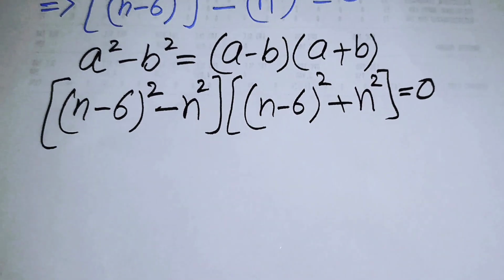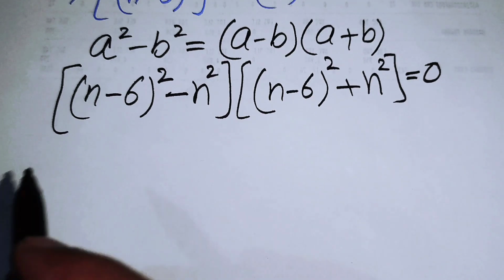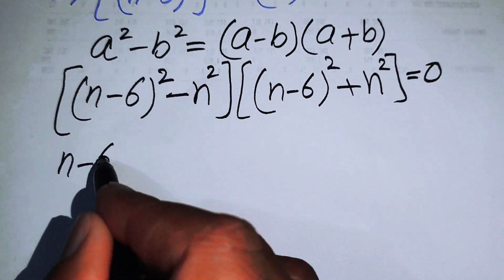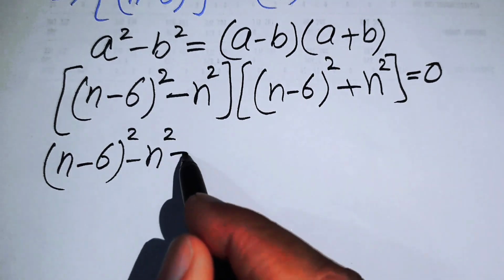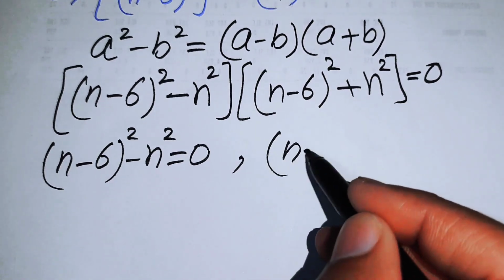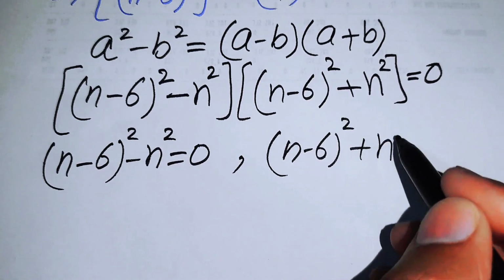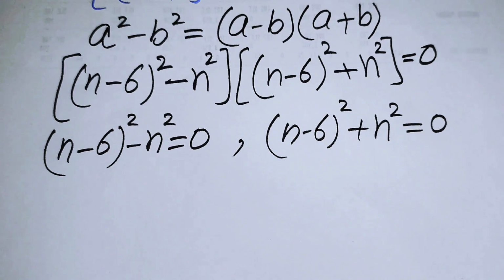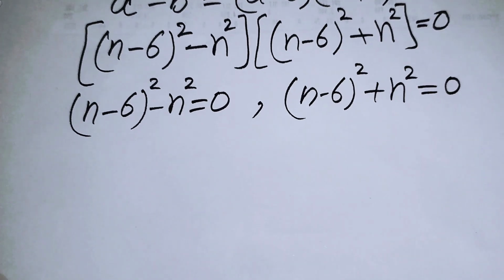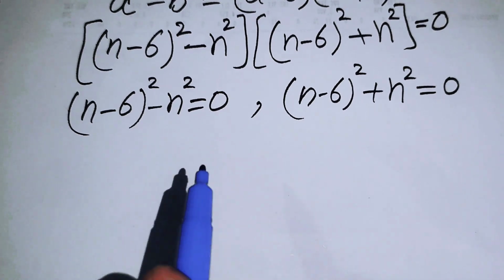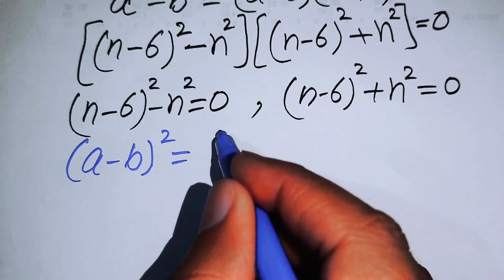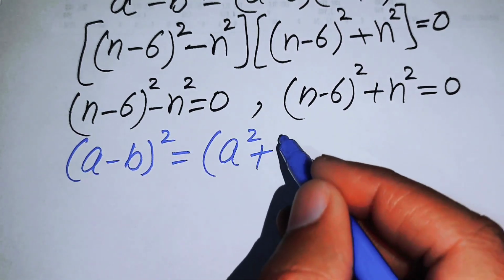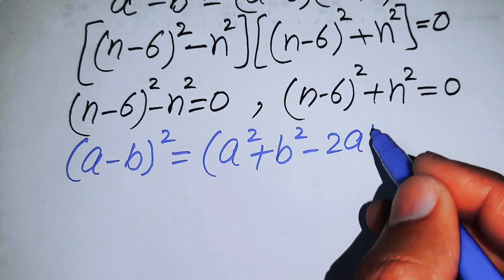So here we have two cases. Our first case is (n minus 6) squared minus n squared equals 0, and our second case is (n minus 6) squared plus n squared equals 0. Now we will expand using the identity: if we have (a minus b) squared, it equals a squared plus b squared minus 2ab.